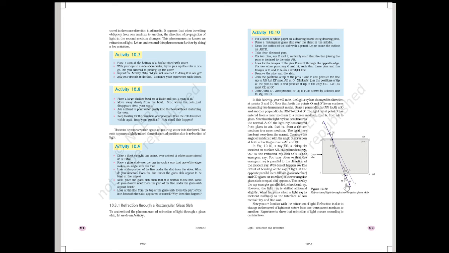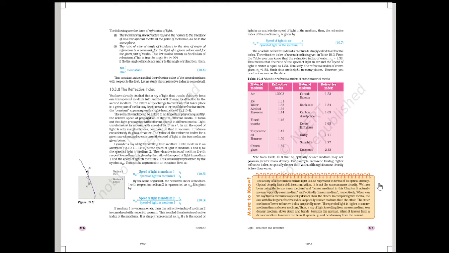Now here are the laws of refraction of light. The incident ray, the refracted ray and the normal to the interface of two transparent media at the point of incidence all lie in the same plane. That is the first law.